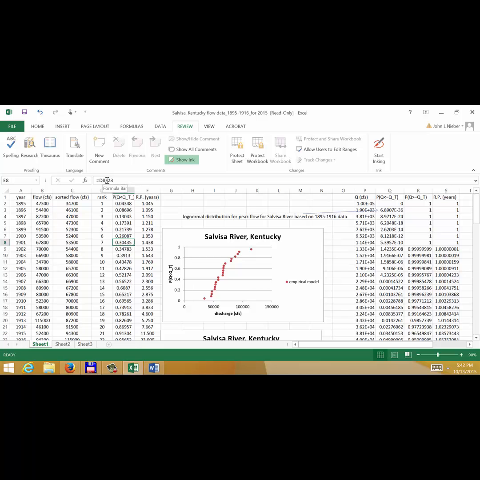Now, how do we then use this? Well, we could work directly from this curve or these data to interpolate individual values of probability. I could go into that graph, choose any discharge, and find out the probability that Q will be less than that value directly from the graph.